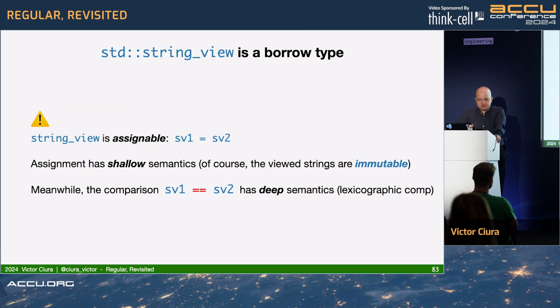So definitely shallow semantics. But the comparison has deep semantics. It actually does a lexicographic compare. So again, this is a disconnect between what we've seen so far about this whole idea of equality and Stepanov preaching, right? So shallow assignment, deep comparison. Because people expect when they do these comparisons that they compare the actual underlying strings.